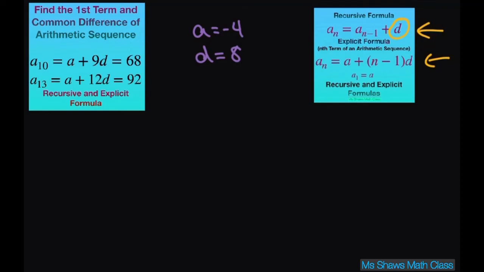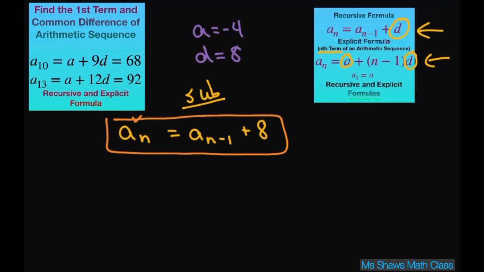And for the explicit formula, or your nth term, fill in the A and the D. So your recursive formula is A sub n, I'm saying sub for subscript, equals A sub n minus 1 plus your D. Basically it's saying your current term, or the term you're looking for, is the previous term plus 8.